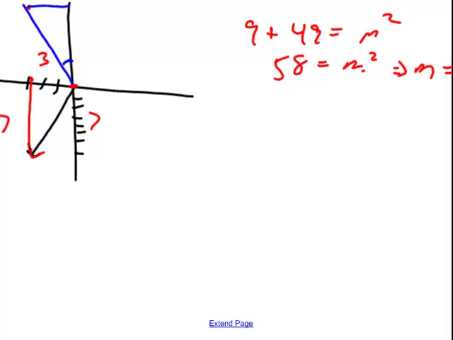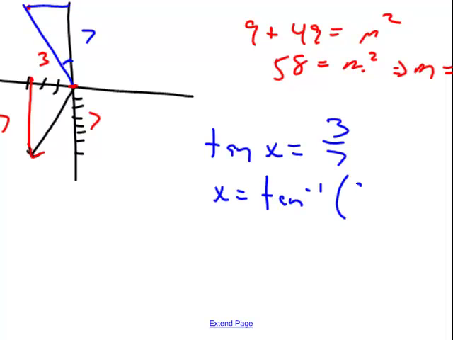Compared to this angle, this is 3, this is 7, and so I can say that the tangent of x is equal to the opposite over the adjacent. So x is equal to the tangent inverse of 3/7. The tangent inverse of 3/7 is going to be 23 degrees. So I'm going to call it 23 degrees west of north.